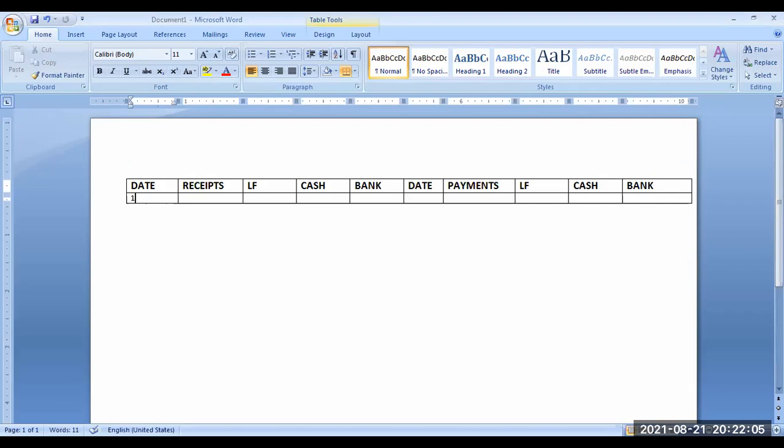1/12/2016. What is the transaction? Started business with cash. So what should I write? In the receipts column, capital.